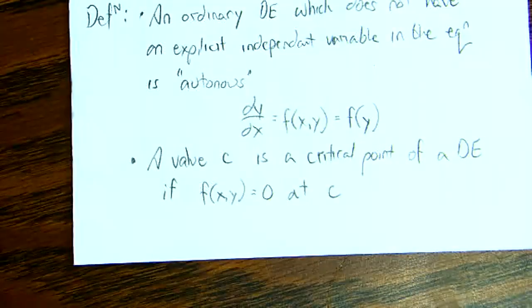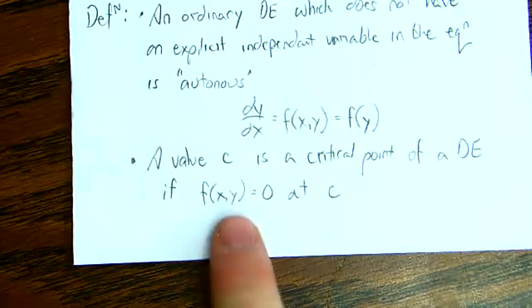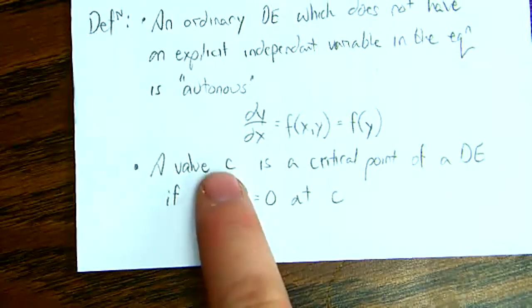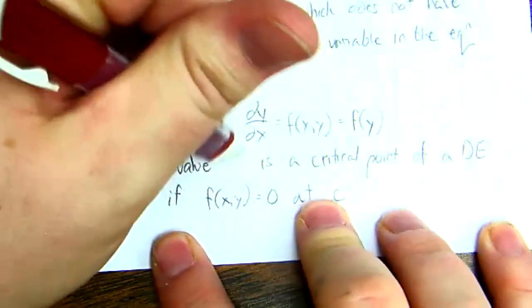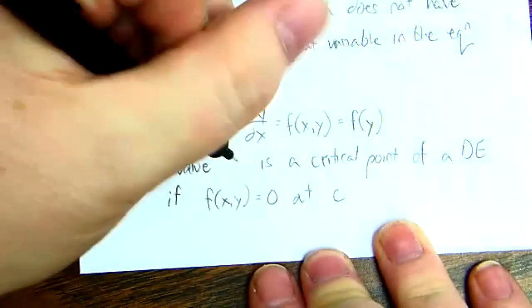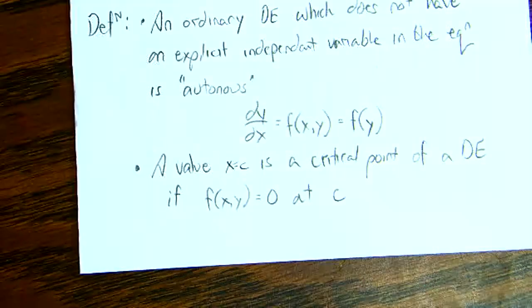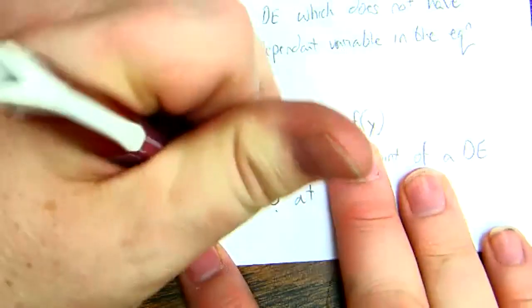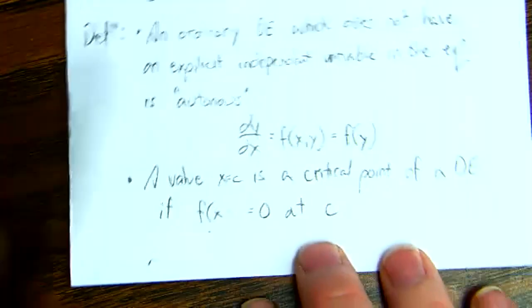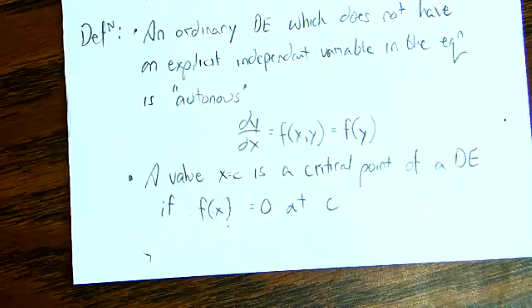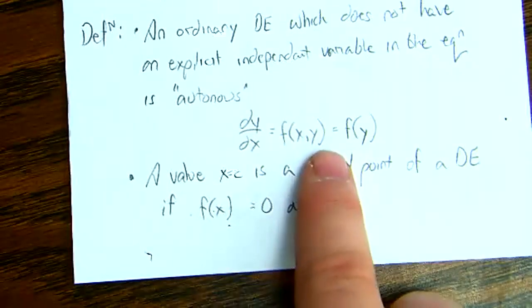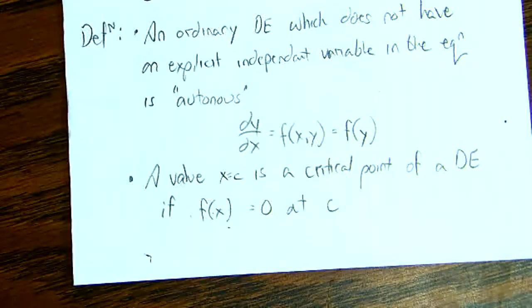Now, this definition leaves a little bit to be desired right now because we have x and y defined here. We have c defined here. In calculus, we defined a value x equals c to be the location of a critical point if f of x equals 0. And to be clear, when I say f of x, I mean the right-hand side of the differential equation.